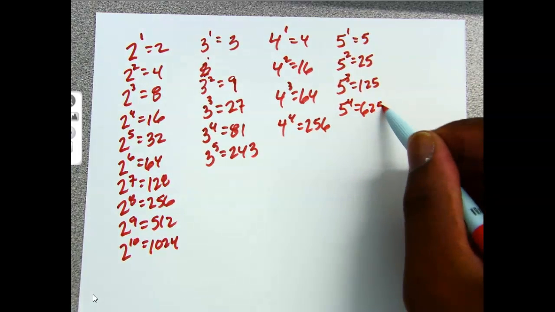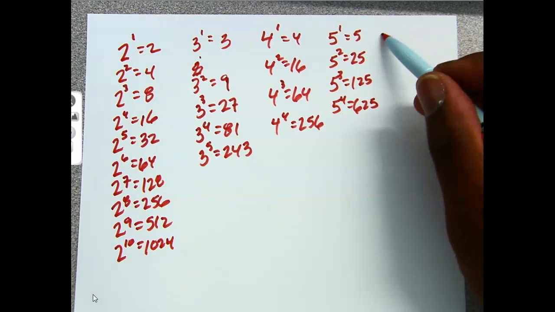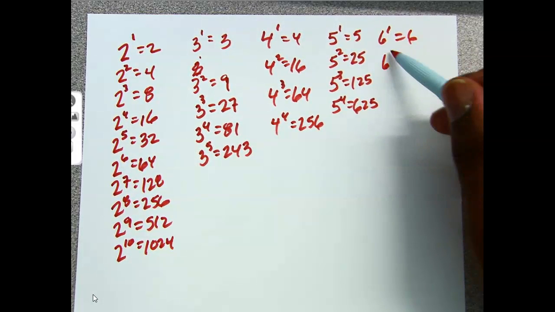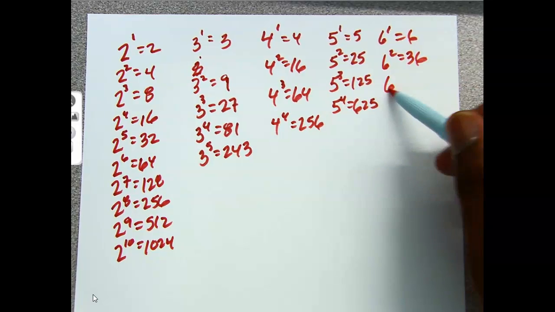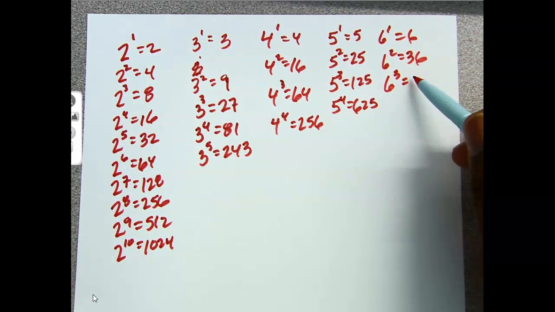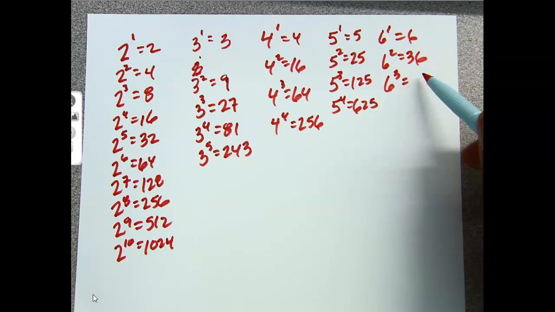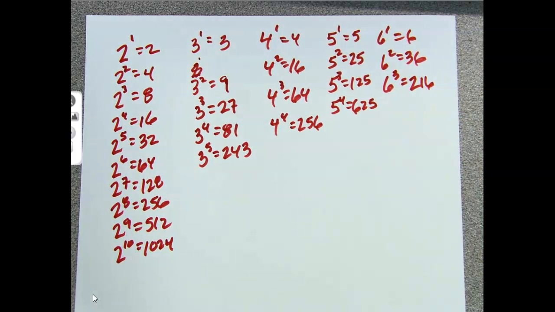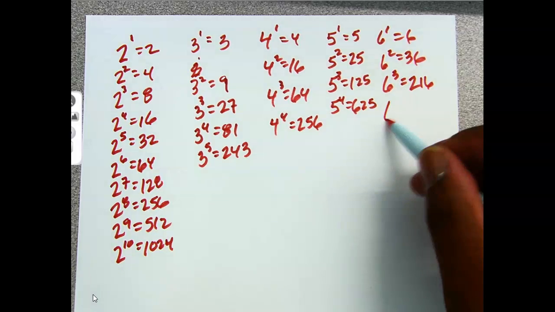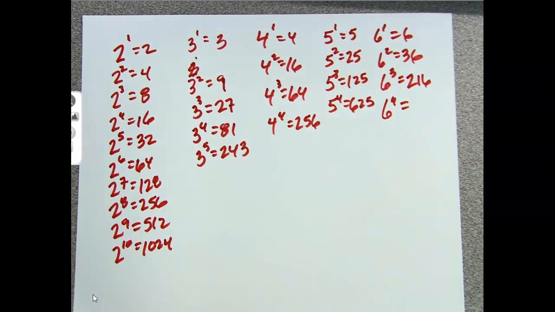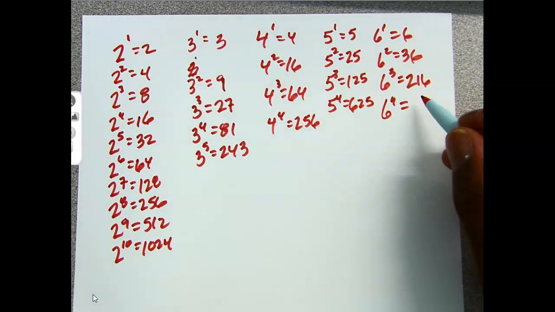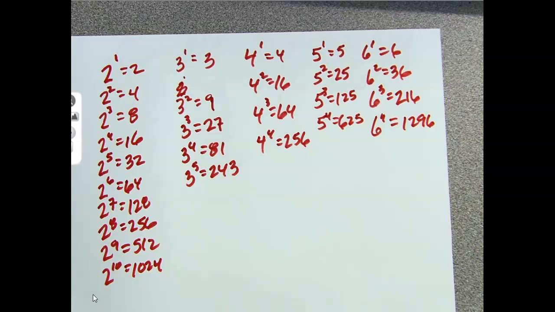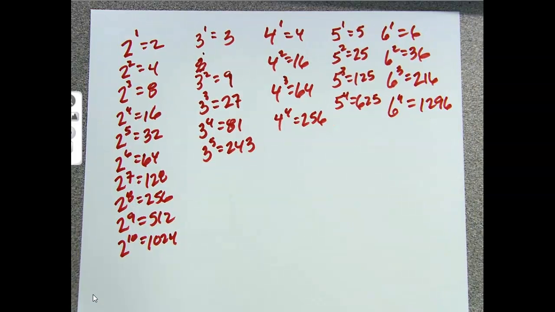And last one, 6. 6 squared, 6 cubed, 216. Can we do 6 to the fourth, or are we okay with 216? I'd be satisfied if you just do up to 6 to the third on that one.